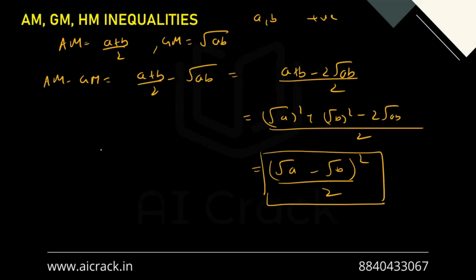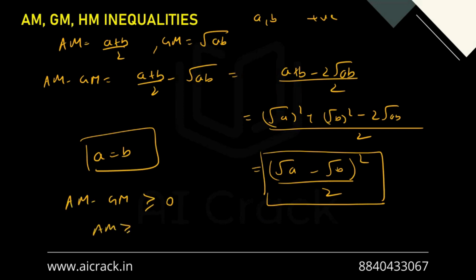It can be 0 when a equals b. Basically, when we have equality of numbers, this term would be 0, or else it's always positive, right? So the first thing that we can conclude is AM minus GM is always either equal to 0 or positive, right? So AM is greater than or equal to GM for positive numbers, right?